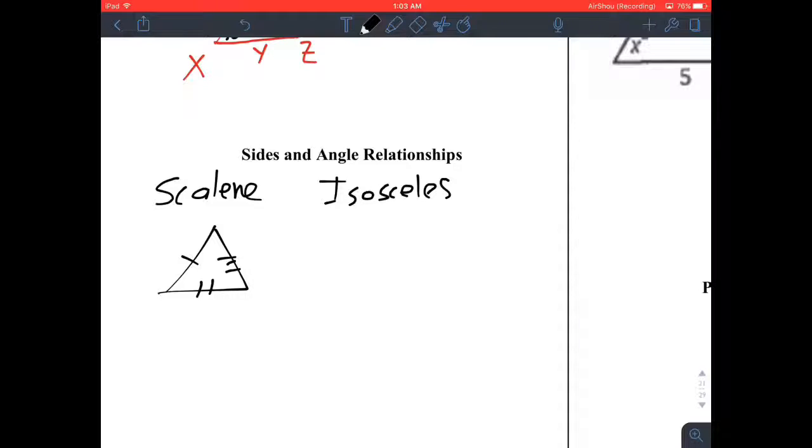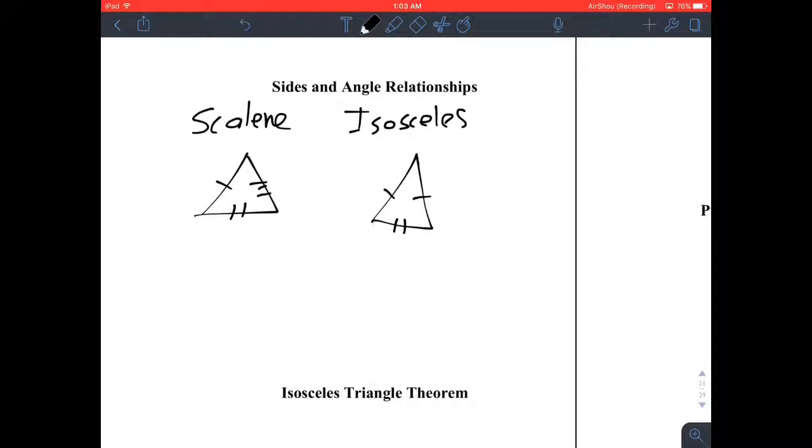Isosceles has at least two sides the same length. So this third side could be the same, it could be different. An equilateral triangle has all sides the same length, therefore all the angles are also the same.